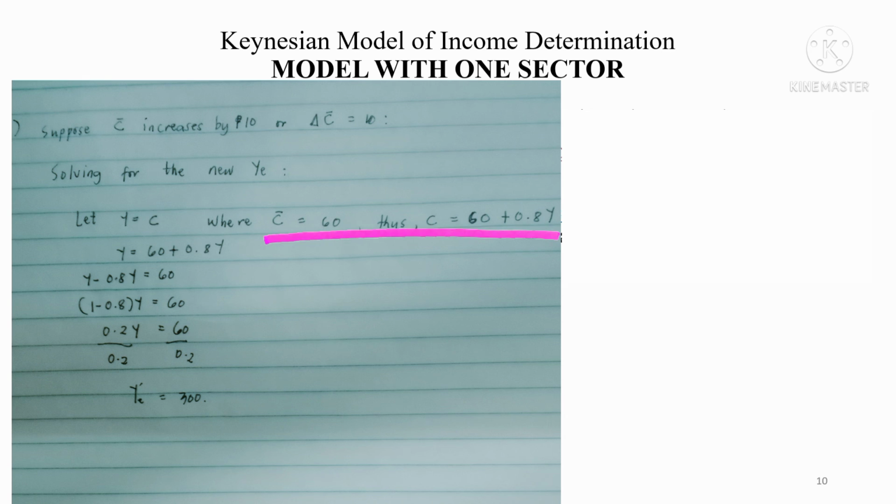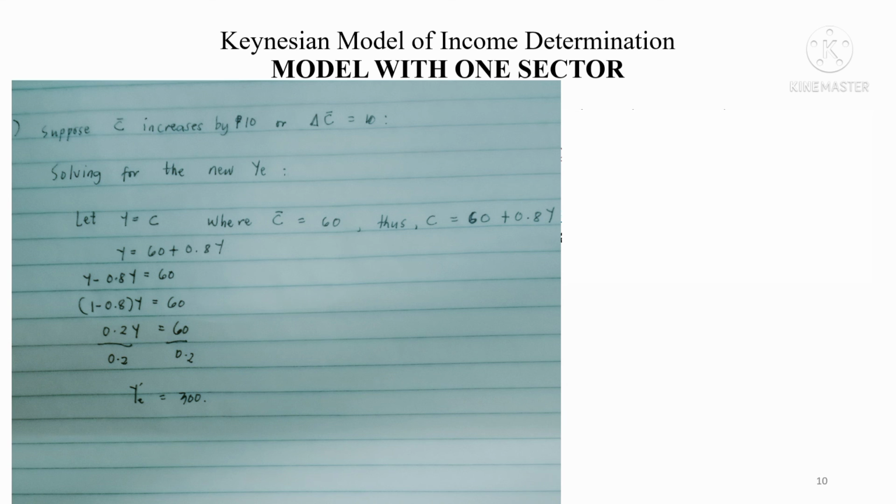So the new consumption function is C is equal to 60 plus 0.8Y. We will solve the new equilibrium as autonomous consumption rises by 10 units or 10 pesos.